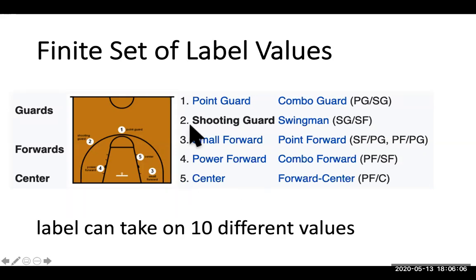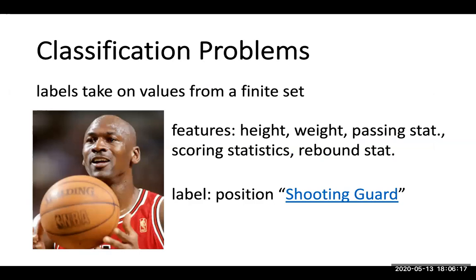One value is point guard, another possible label value is shooting guard, another possible label value is small forward, and so on. So the classification problem now is, how can I tell the best position a player should play based on his or her features?